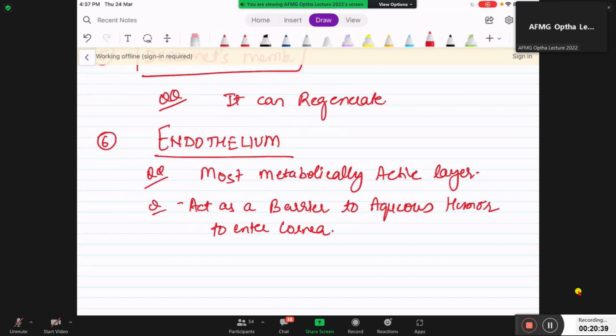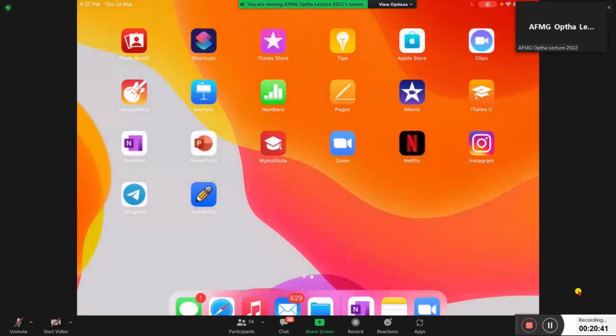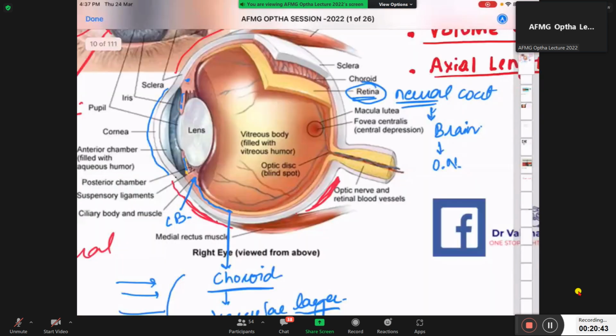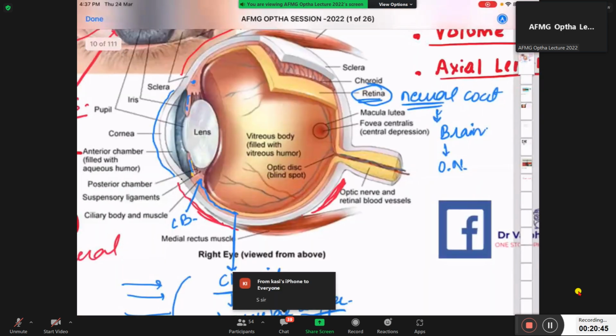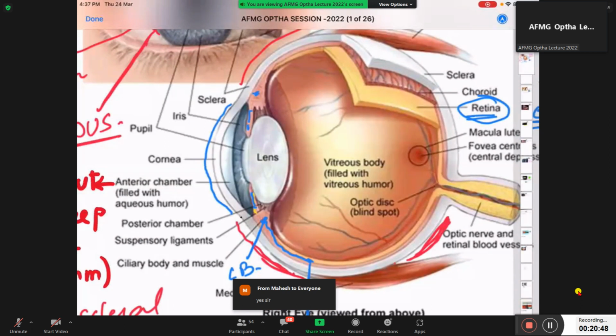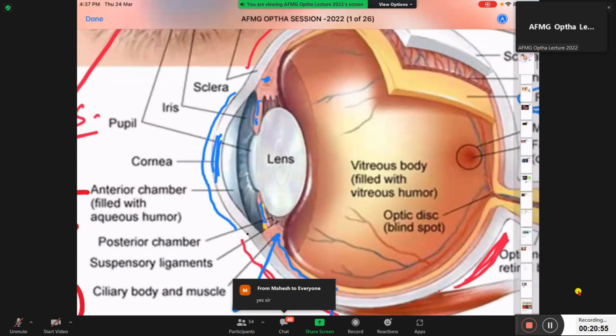Now going back to the diagram again. Can you see this diagram? Picture? Yeah. Okay. So this is your cornea, right? Can you see behind the cornea there is a space? This space is called your aqueous humor, right?